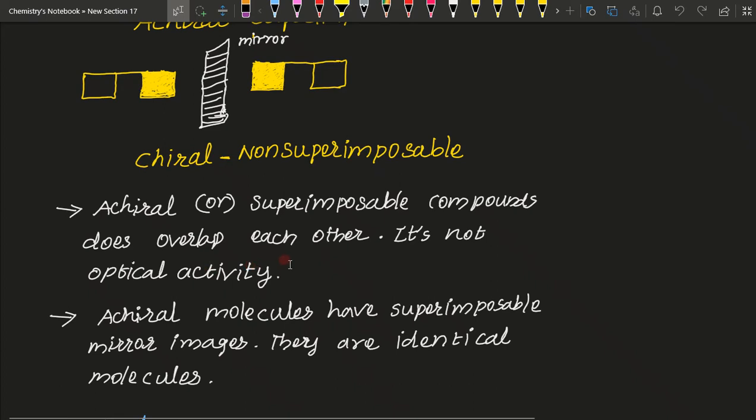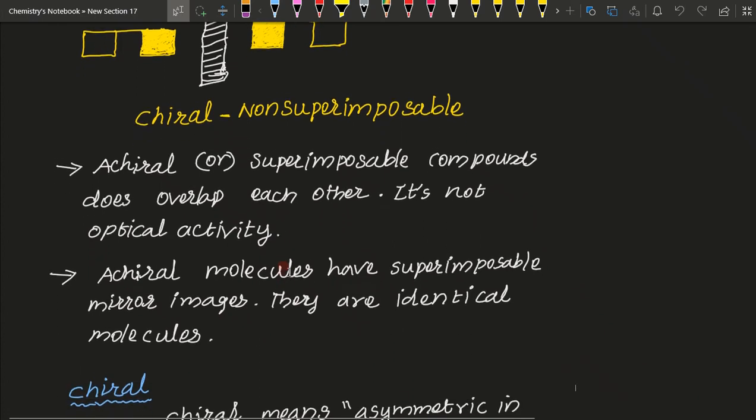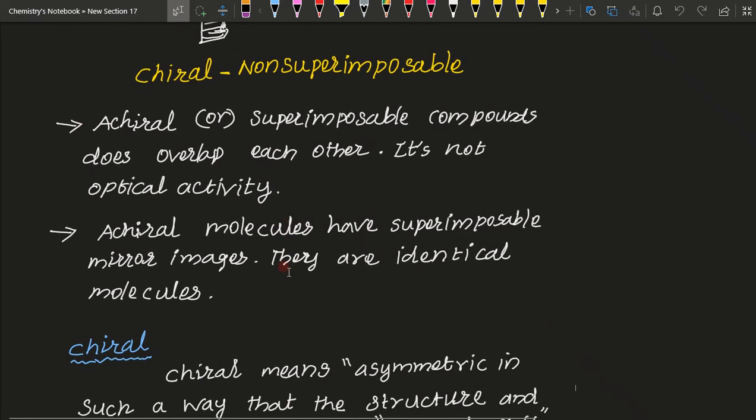Achiral molecules have superimposable mirror images. They are identical molecules. So if we are given both molecules, we can identify them easily.